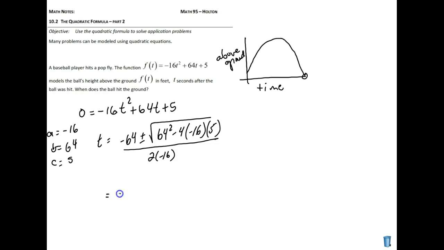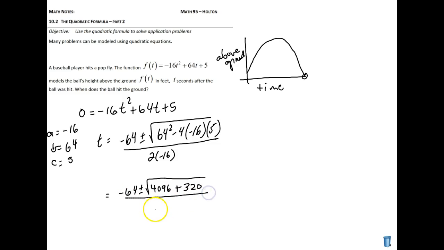So that equals negative 64 plus or minus the square root of, you're going to have to use your calculator to figure out some of these. This becomes 4,096. And then negative 4 times negative 16 times positive 5 gives me another 320.